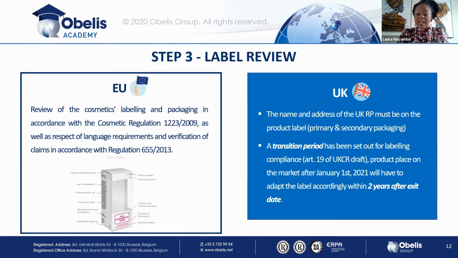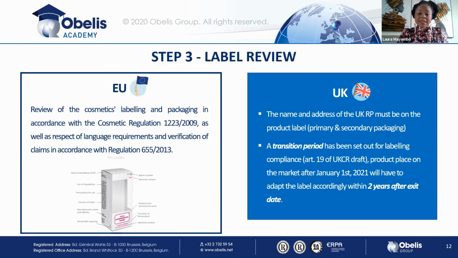The name and address of the UK responsible person must be on the labels, the primary and the secondary. Nevertheless, for the UK market, as from the exit date of UK, normally January 1st, 2021, there will be a transition period of 2 years, allowing the manufacturer to adapt their labels for the UK market.